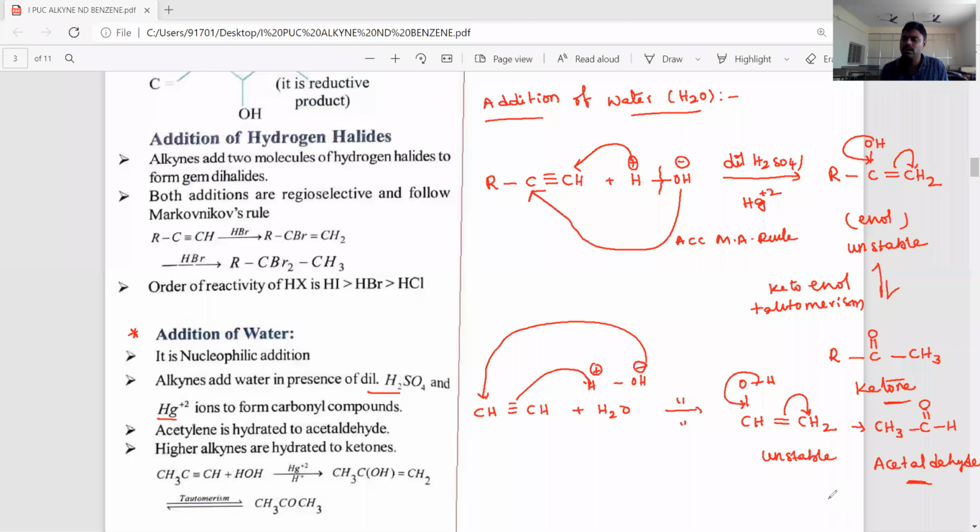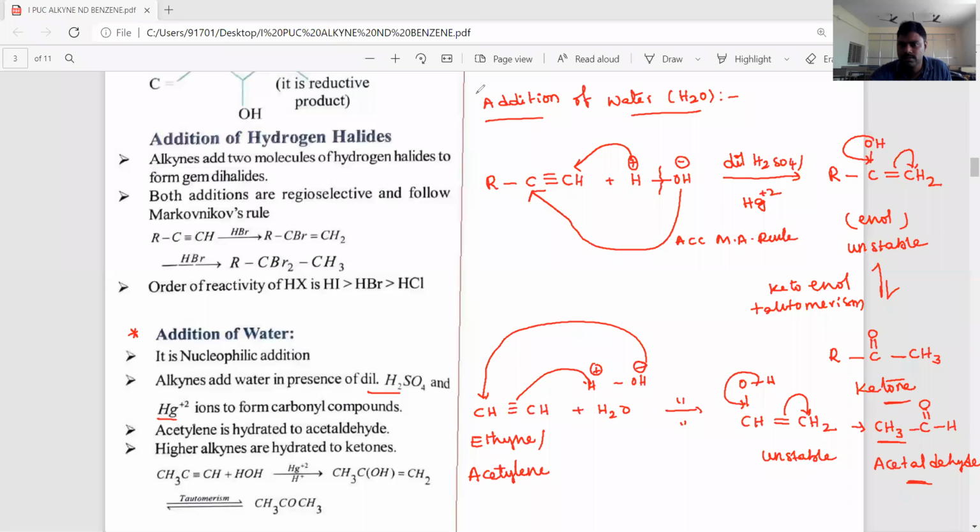Only ethyne, or acetylene, is its common name, on addition of a water molecule produces acetaldehyde; all the remaining alkynes produce ketones.